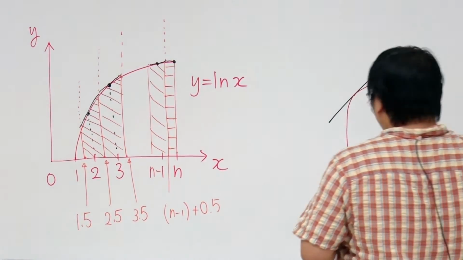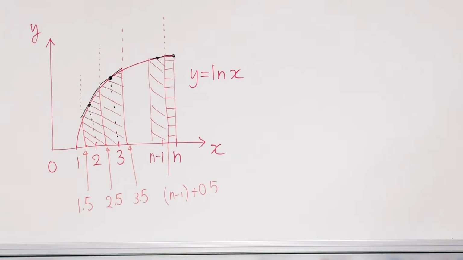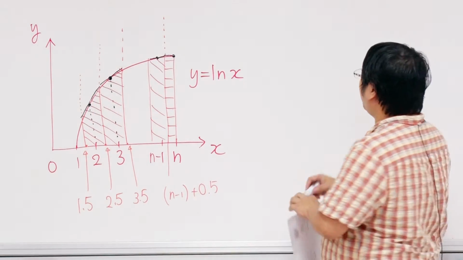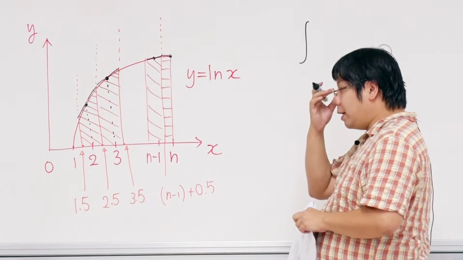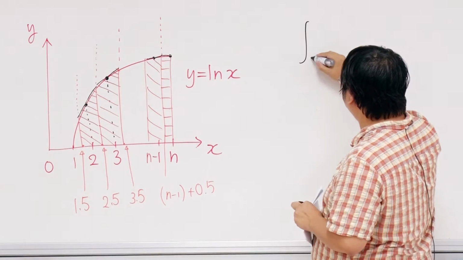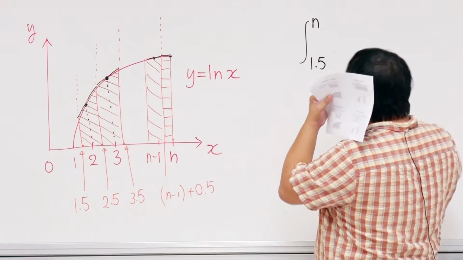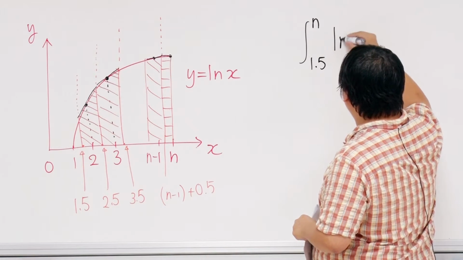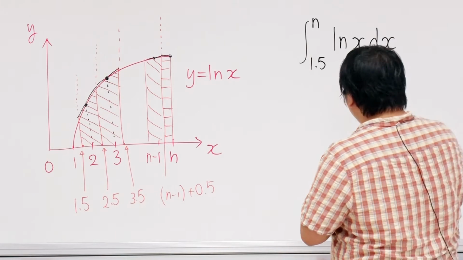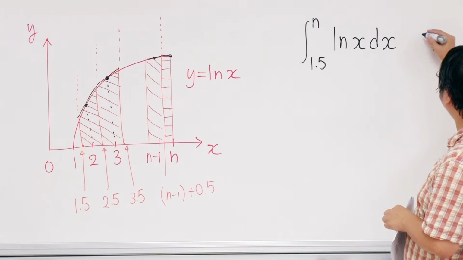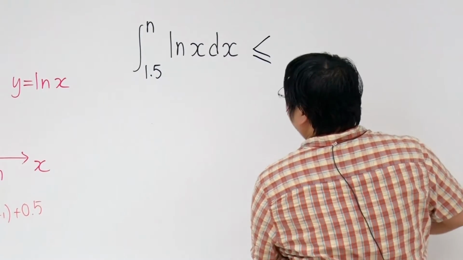So what do we know? Let's write down. I'm going to write down first, and then let us check if it is correct. This time I'm looking at the integration of log of x dx from 1.5 up to n, and we are claiming that this is less than or equal to the area of the orange part.